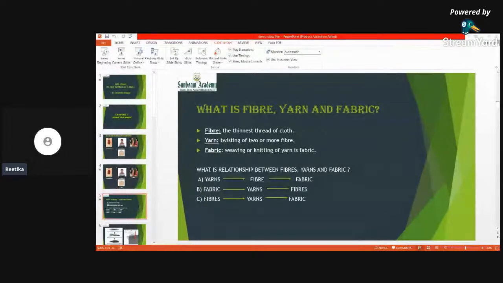Children, we know that fiber is the thinnest material, right? When fibers are twisted together, it forms yarn. And when yarns are weaved in a handloom or with a machine, it forms fabric. Isn't it? This we have studied.